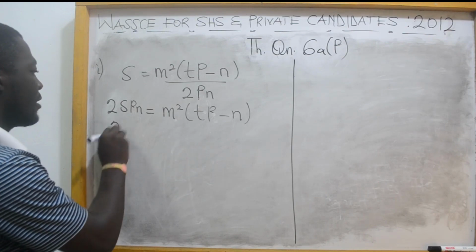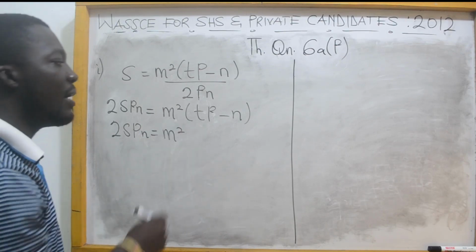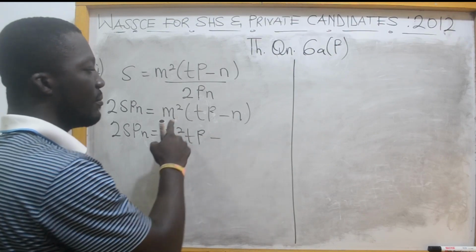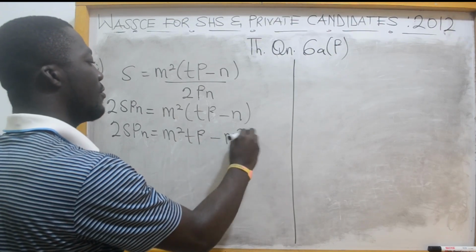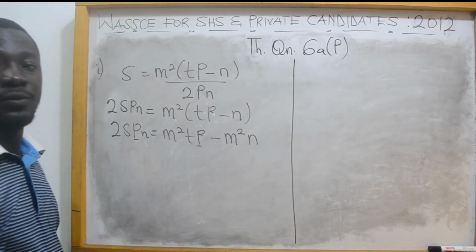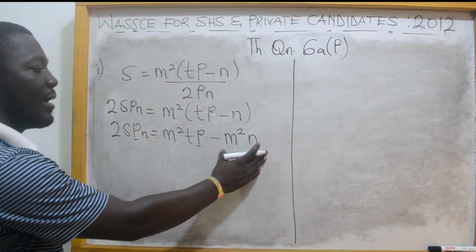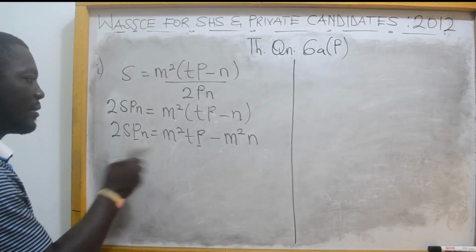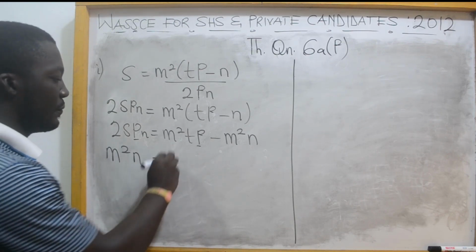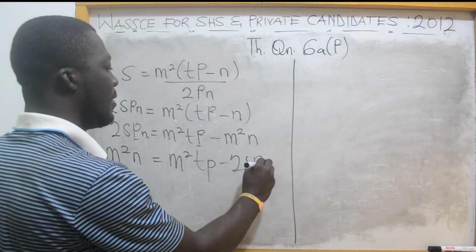Then the next thing, we expand the bracket. m squared multiplied by tp will be m squared tp, minus m squared times n will be m squared n. We want to make p the subject. So we group the terms with the p at one side. So m squared n will be transposed to the left hand side, and since it is negative, it will change to positive. m squared n is equal to m squared tp minus 2spn.